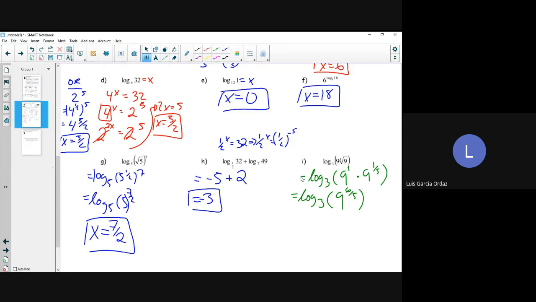And now we have 3 to the x is equal to 9 to the power of 6 over 5. And how can we change 9 to have a base of 3?